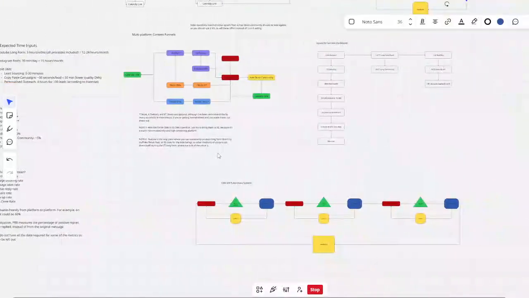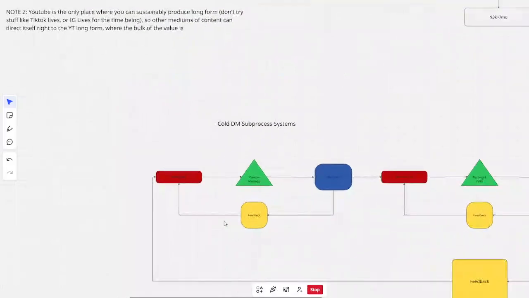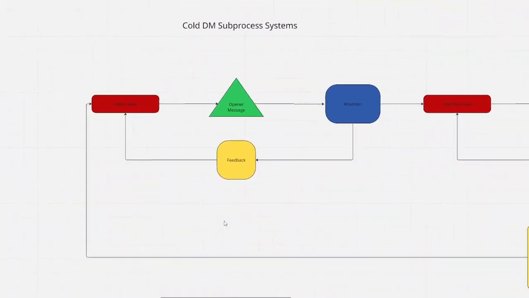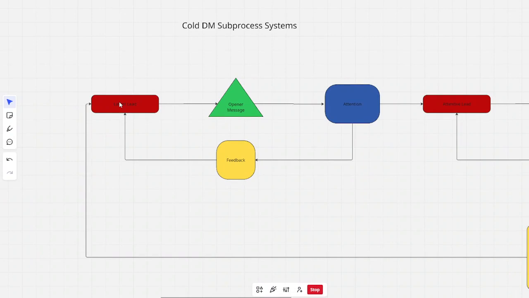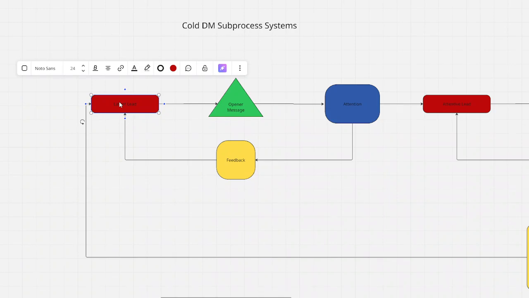Within this system, there are subsystems, smaller systems. We first have our latent lead. You have to understand, cold DMs isn't about scripts. It's more about understanding the person and making them get to the place you want them to get to.